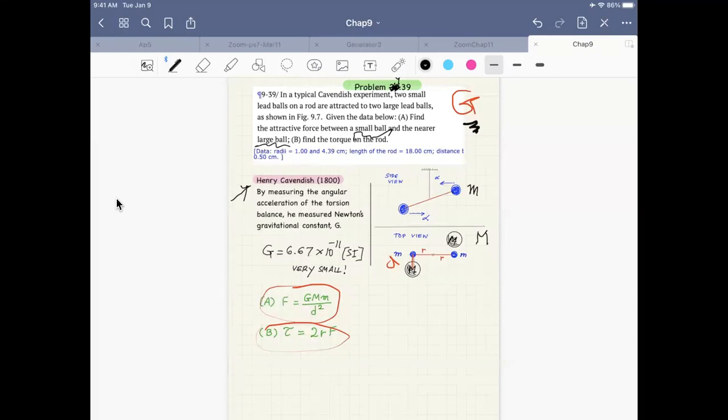But the strongest force would be the attraction to the nearer sphere. There would be equal but opposite forces on the two ends of the balance, and so the balance would experience a torque. And we know from chapter 8, torque produces angular acceleration. And Cavendish would observe this angular acceleration. So his measurement was a measurement of angular acceleration.